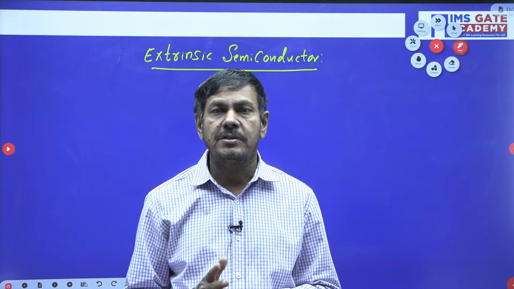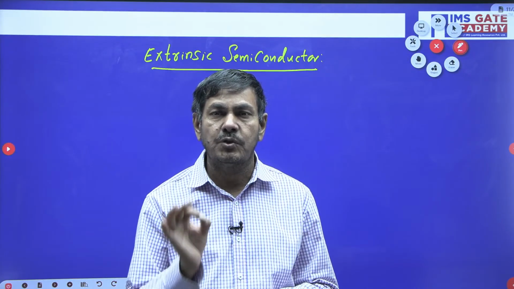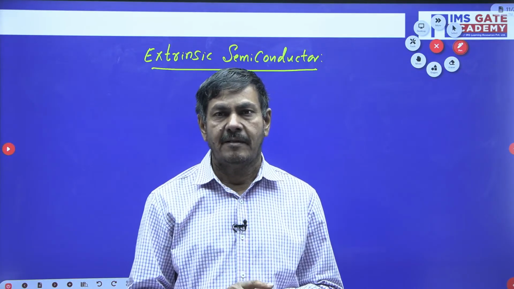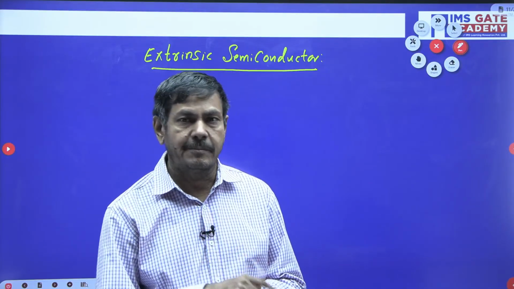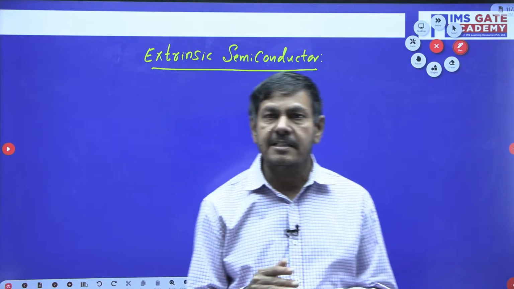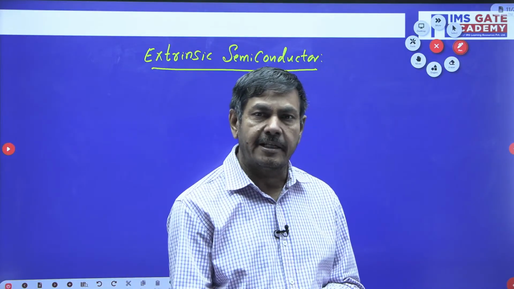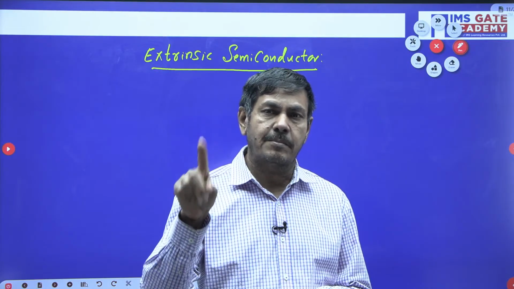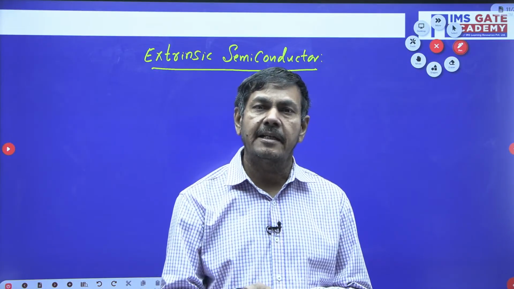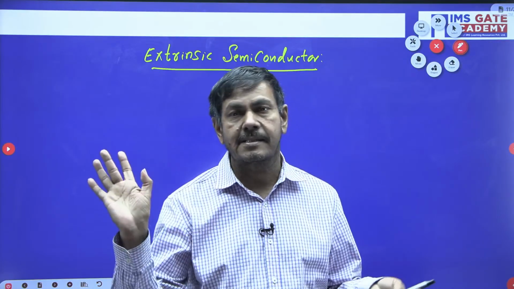Why should we do the doping? If the doping is not done, what's going to happen in the semiconducting material? It is a pure type of semiconductor or intrinsic semiconductor. But we know very well, in the last class I explained, in the intrinsic semiconductor the conductivity is less.